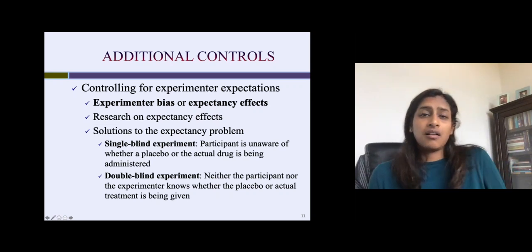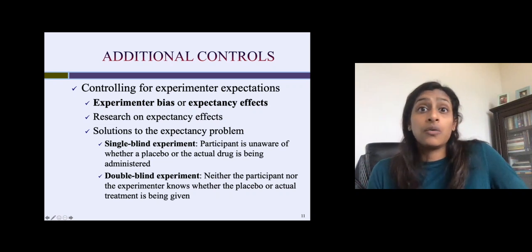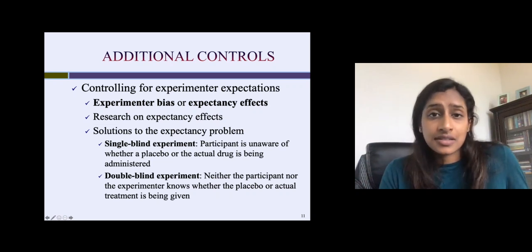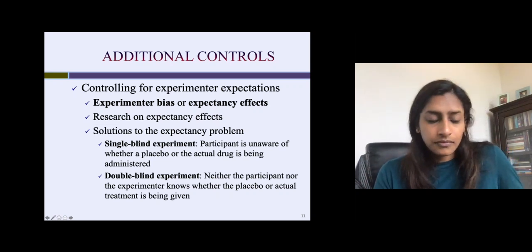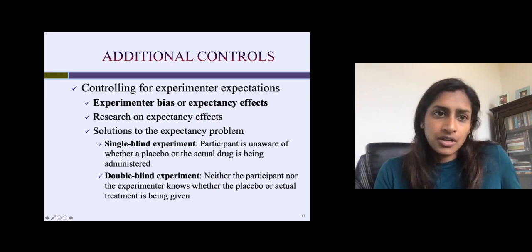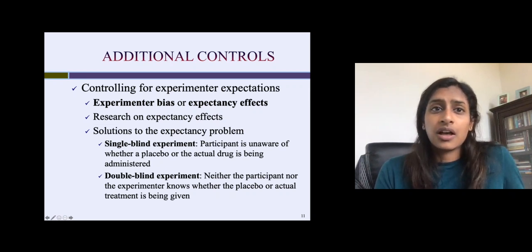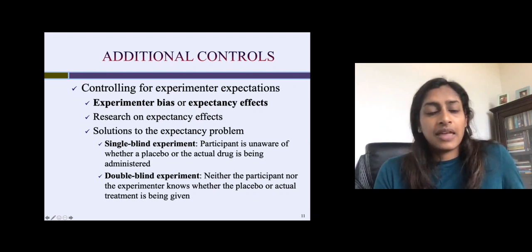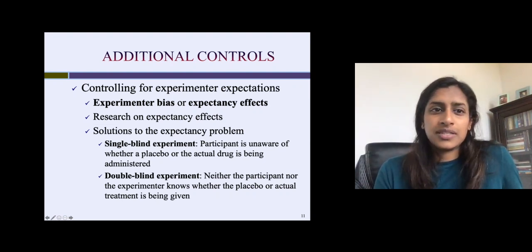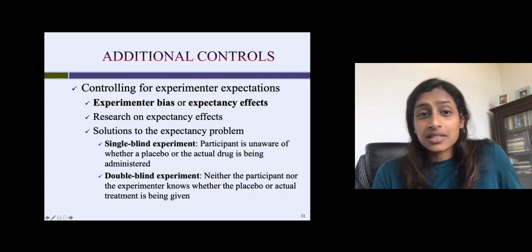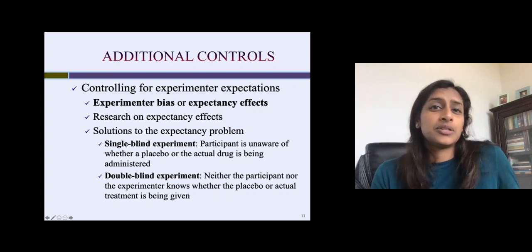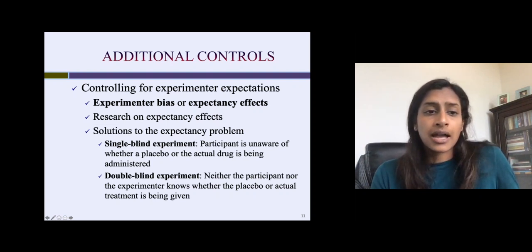If we know that one group of our participants has the drug and one group does not, when we pass along the drug to one group, we say, yes, this drug will show improvement in mood. And then for our other group, and we know it's a placebo, we say, this drug may influence improvement in mood. Now, even that small word can influence a participant and what they respond back.